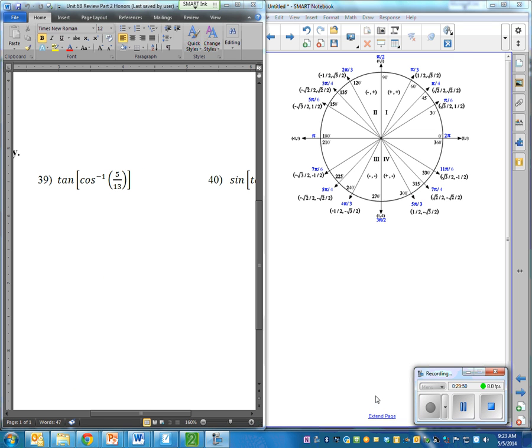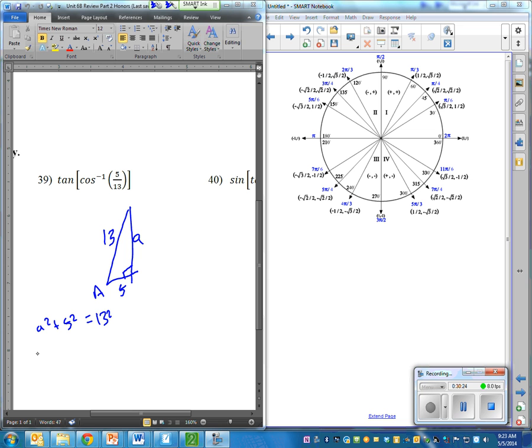Okay, number 39, if I'm drawing my triangle, it looks something like this. I have my right angle right there. Cosine is 5, which is my adjacent, over my hypotenuse, so that's 5 over 13, and that's my angle A. Now I have to find this side over here, so I'll call this A. So I have A squared plus 5 squared is equal to 13 squared.